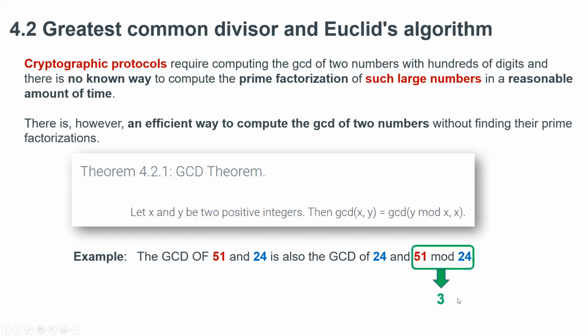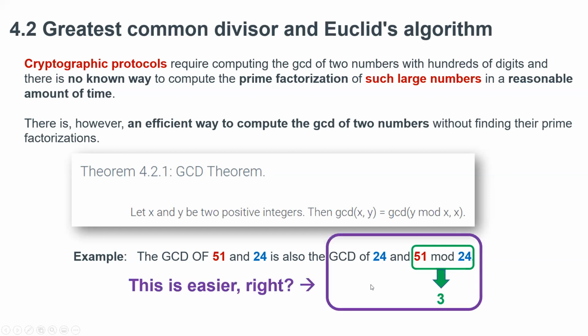Now, is that going to help us? Well, 51 mod 24 ends up equaling 3. And it's going to be a lot easier to find the GCD of 24 and 3 than it is to find the GCD of 51 and 24. As you can imagine, if you have larger numbers, it can only help to apply this theorem, to start with larger numbers and then get down to a set of smaller numbers.